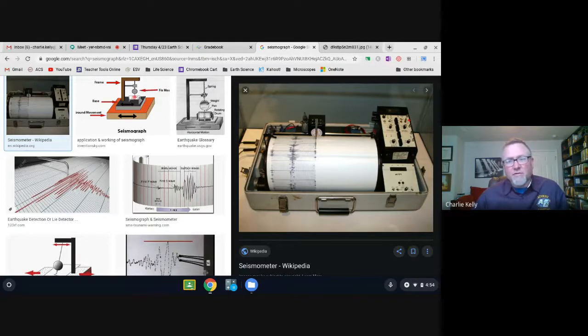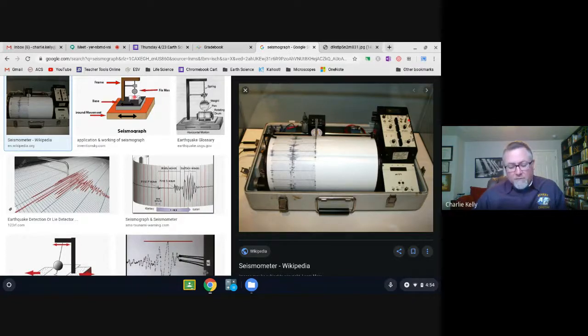You see a picture of one here. On the screen, on the left side, you'll see basically some old school looking seismographs. Now they're more electronic, like the one you see on your right. Early seismographs consisted of a large mass attached to a flexible supporting system. A light beam reflected off mirrors attached to the mass and traced a line on the rotating drum covered by photographic paper.